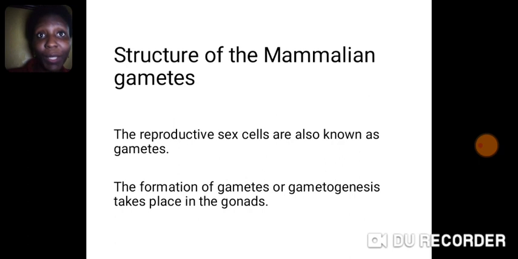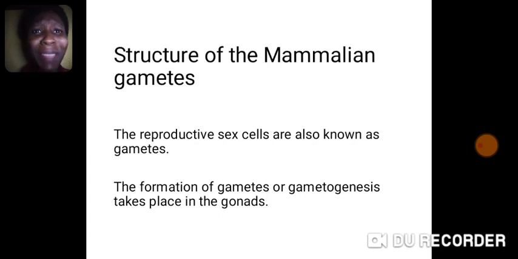We looked extensively at their structures, the pictures, diagrams of the male and female reproductive systems of man. So to continue further in lesson 2 today, we'll be looking at the structure of the mammalian gametes.